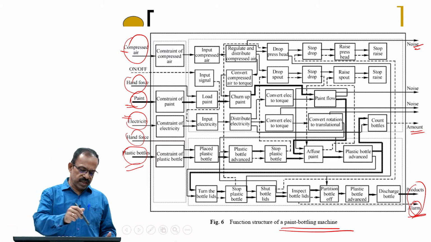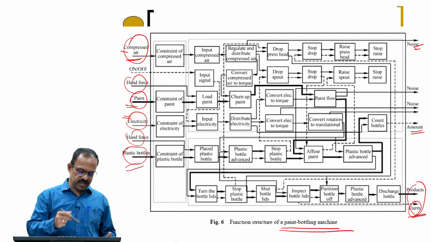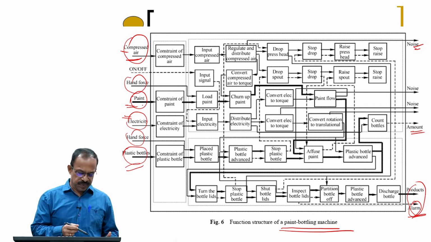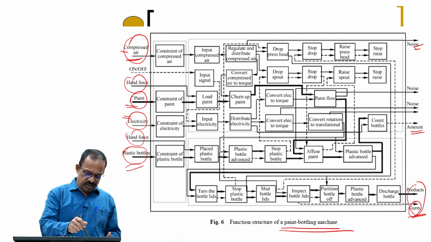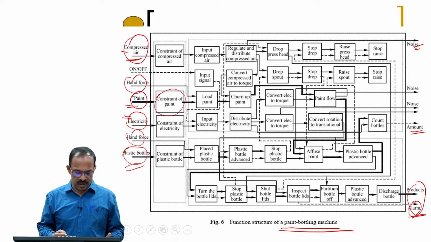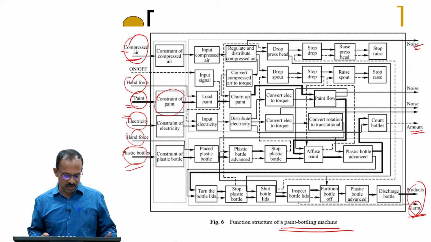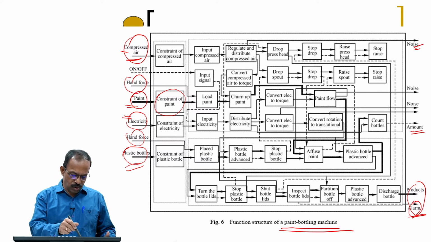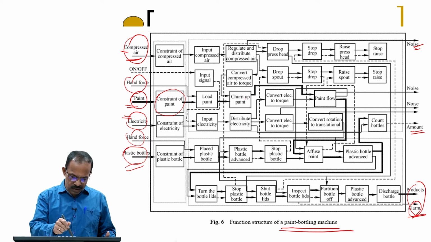Now, you can look at each one of these flows and see what is happening. For example, if you take the paint, you need to have some kind of storage, and it should not flow continuously. You load it and churn up the paint, that is, you need to stir it properly.